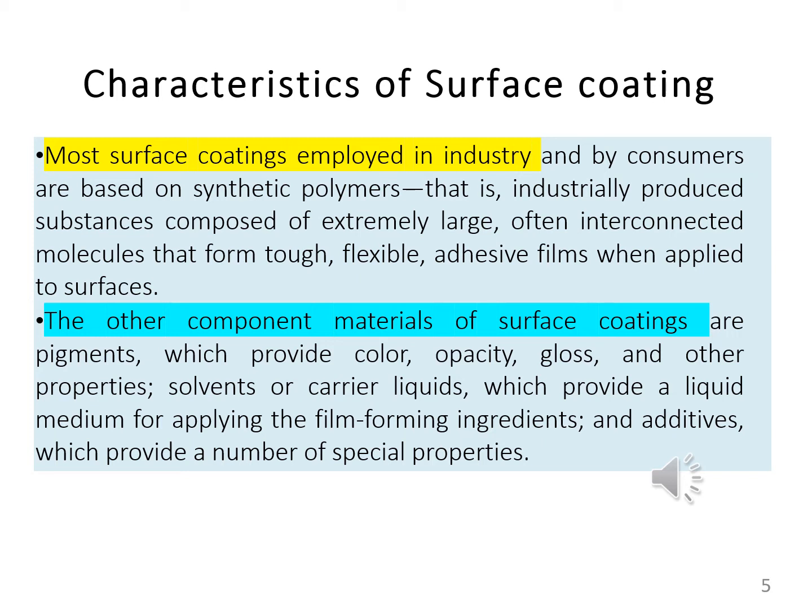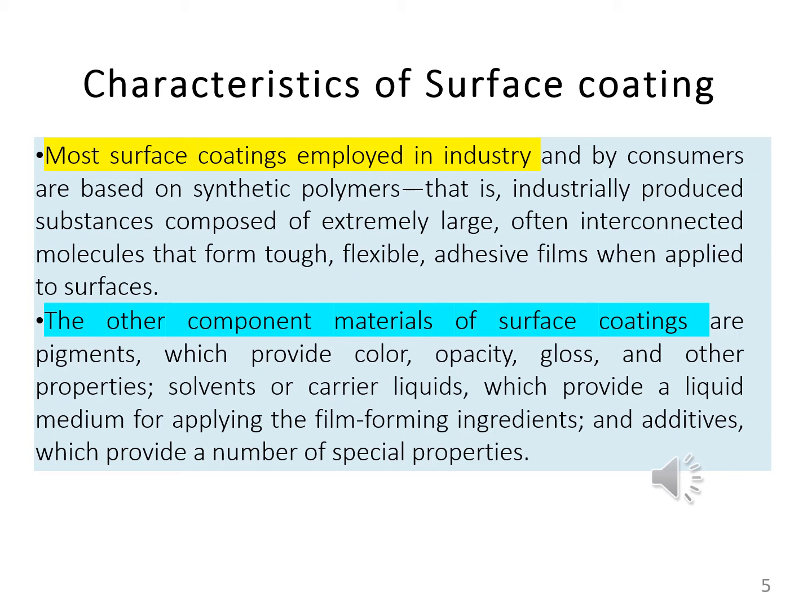The pigments are important materials which are added in the surface coating. What is the function of pigments in the surface coating? The pigments provide the color, opacity, gloss and other properties to the surface coatings. There are some solvents or carrier liquids which are added in the surface coating.